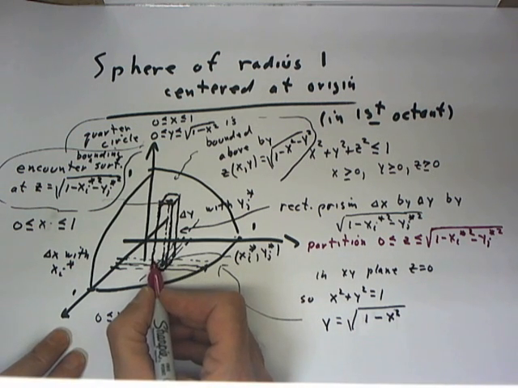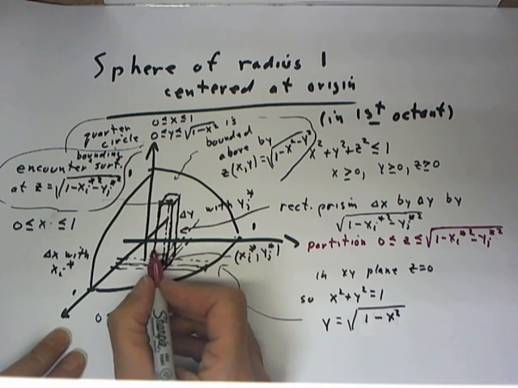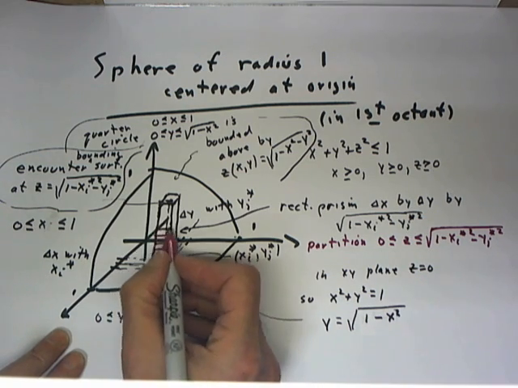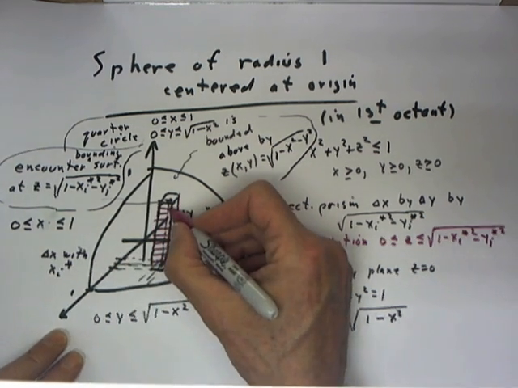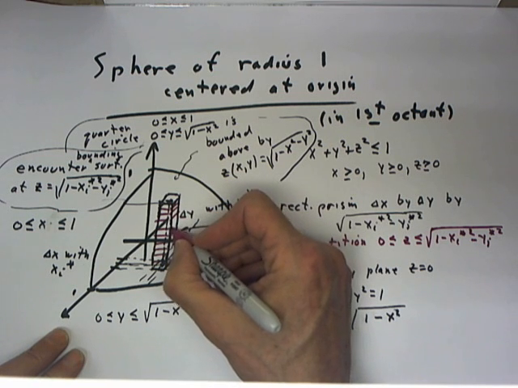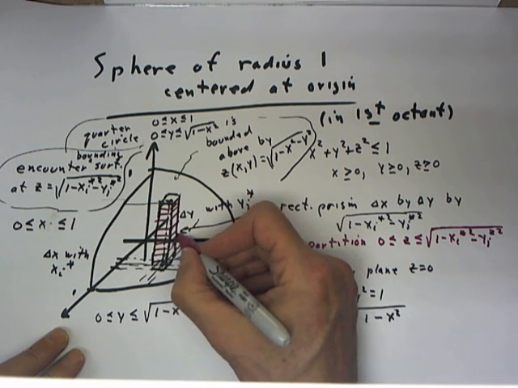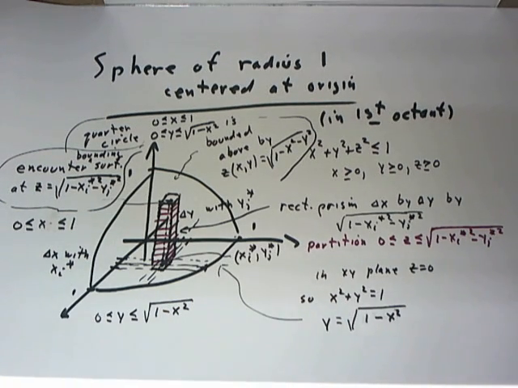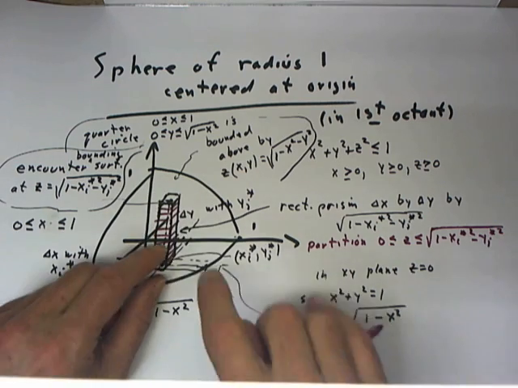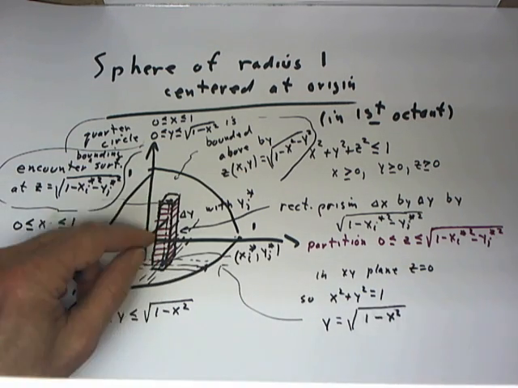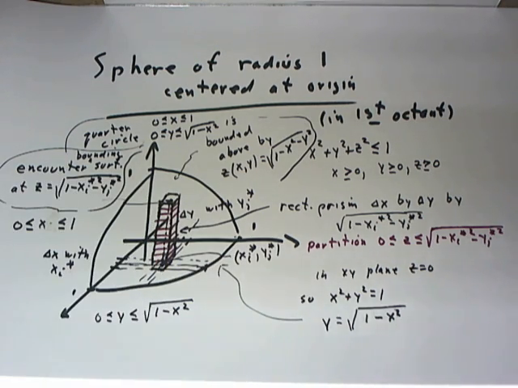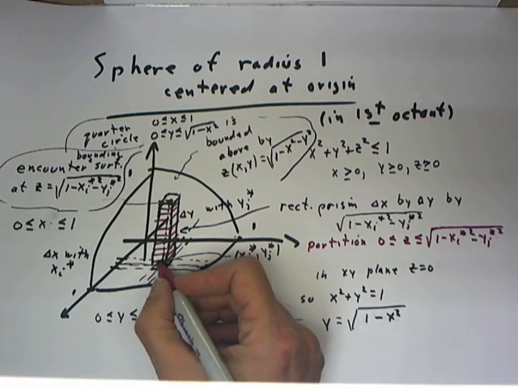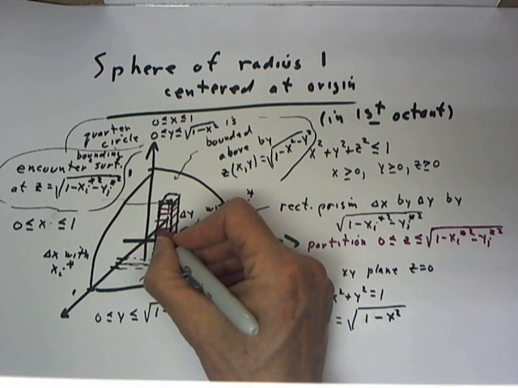We do that by partitioning our z values from 0 up to the top of this prism, obtaining the typical rectangular box of dimension delta x by delta y by delta z.